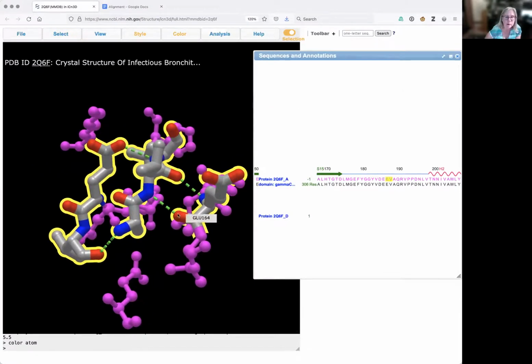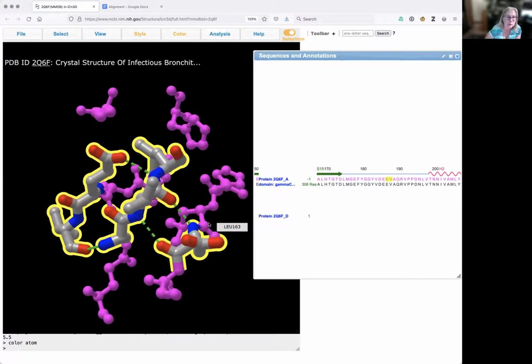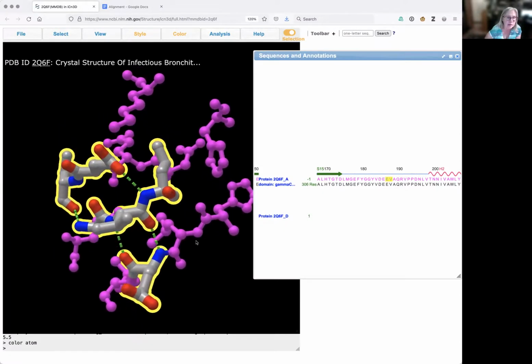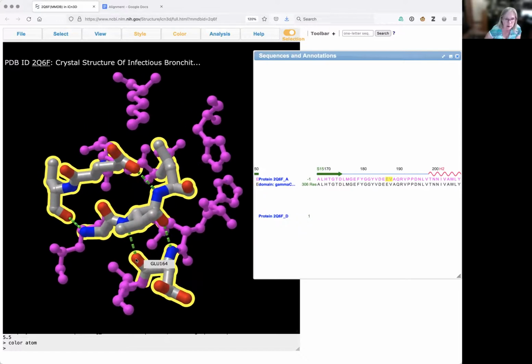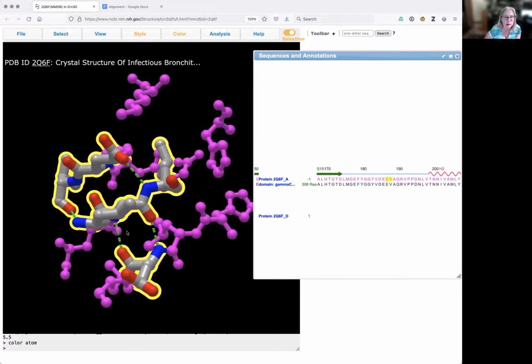Here we have glutamic acid 164, and this is also glutamic acid 164. Interestingly though, you can see that here's the side chain from the glutamic acid with the carboxyl group, and it's the oxygen and nitrogen that are part of the backbone that are forming the hydrogen bonds to my inhibitor.